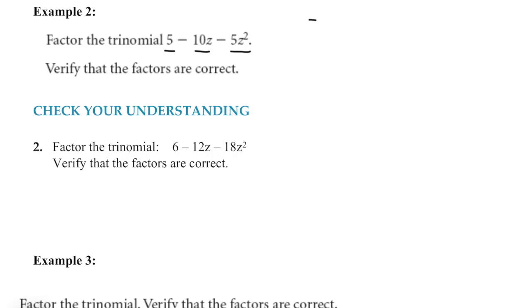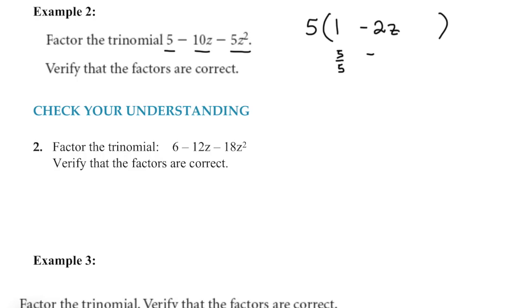Okay, so we can take out a 5, and the first term is going to be 5 divided by 5, which is 1, or you think 5 times what equals 5. And then, so you could always do it this way as well. 5 divided by 5, that's a first term. The second term, 5 times what is 10z, that's 2z's. This is going to be minus 2z.